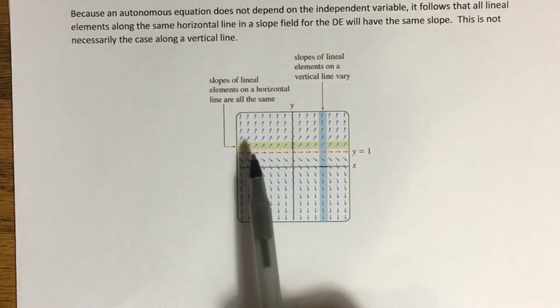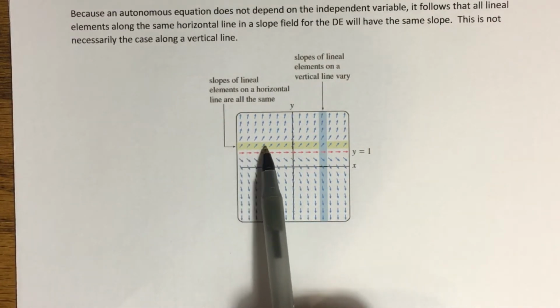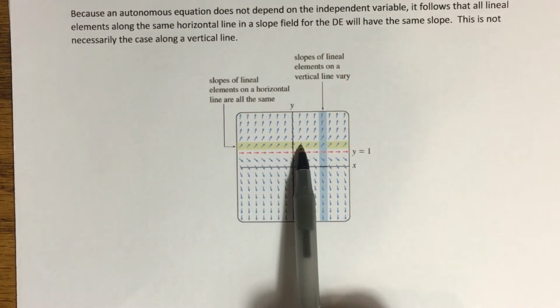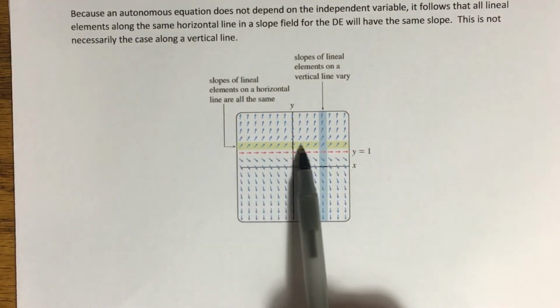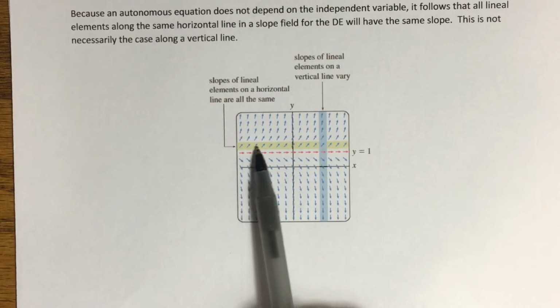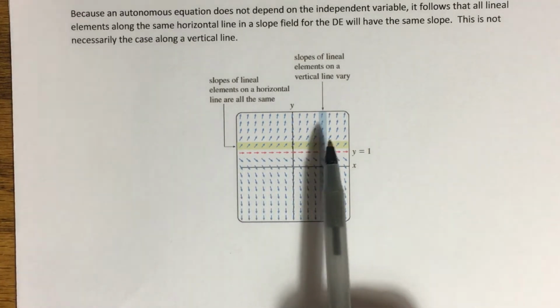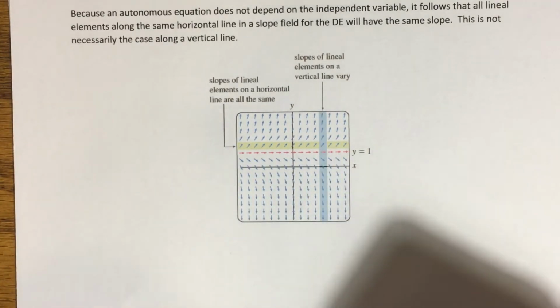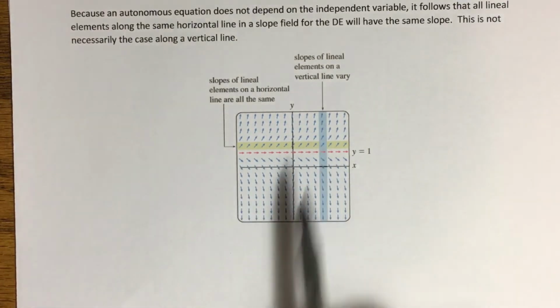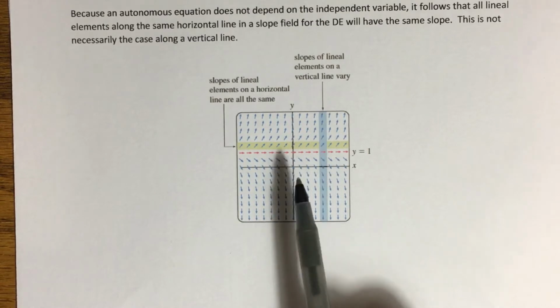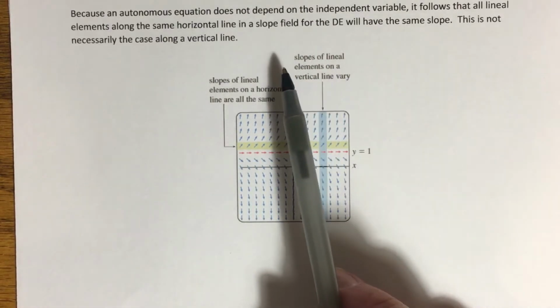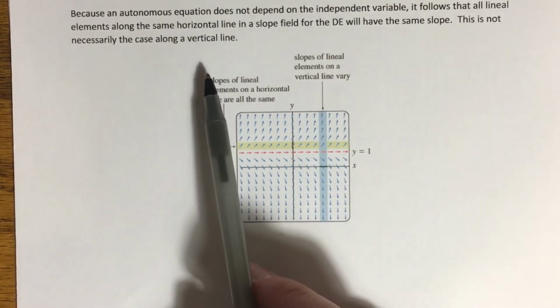And the reason for that is because the points that we would have used to find those slopes by plugging them into our DE all would have had the same y coordinate. Even though they all have different x coordinates, that doesn't matter because we don't use that x when evaluating those slopes. And so that's an important characteristic of an autonomous equation.